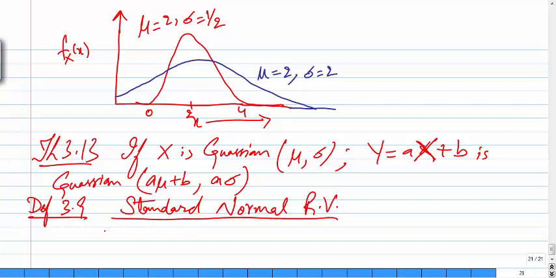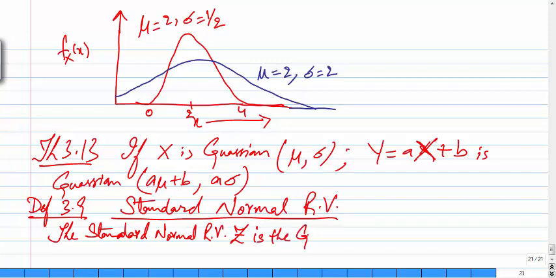The standard normal random variable is represented by Z and is the Gaussian 0 1 random variable.